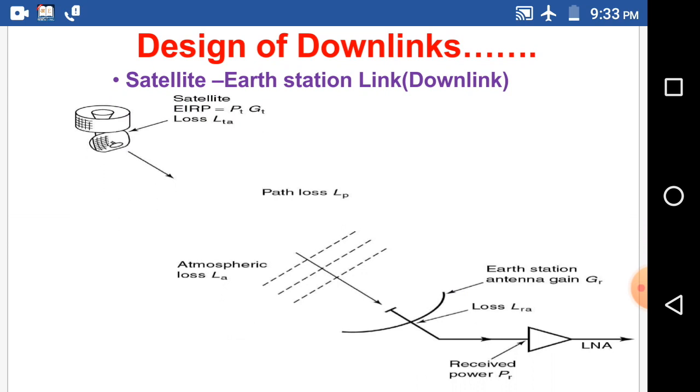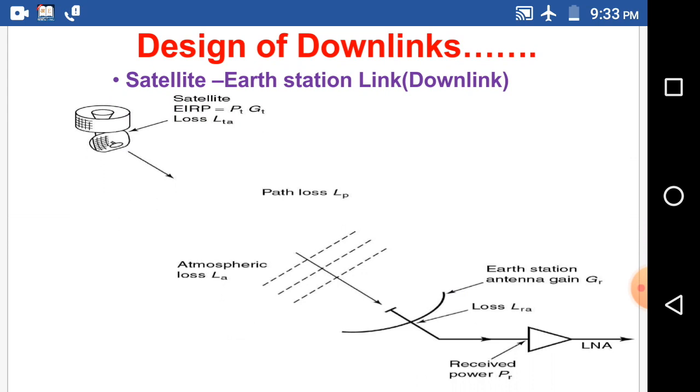Consider a simple structure of a downlink. The upper part is a satellite, the lower part is a receiver. In between the satellite and receiver, free space is available. Actually, in our first lecture, we have designed the link equation.